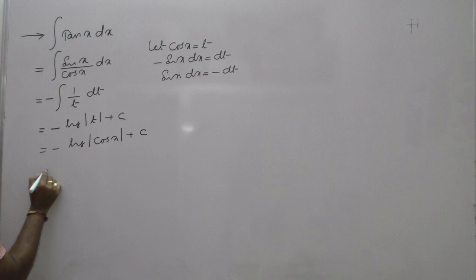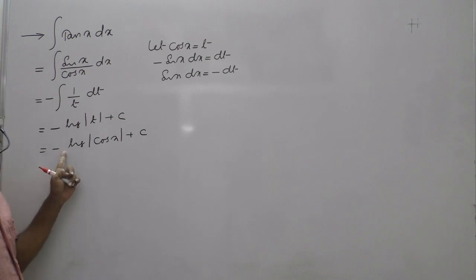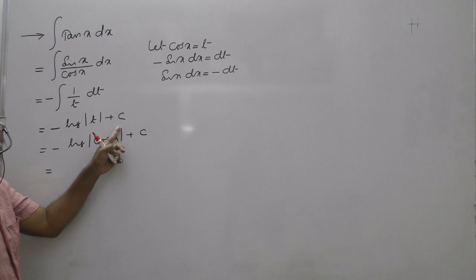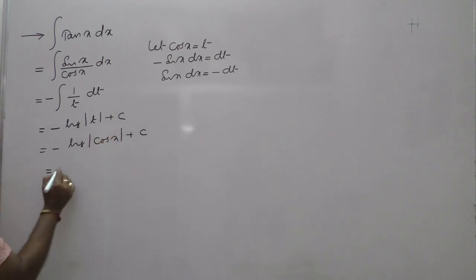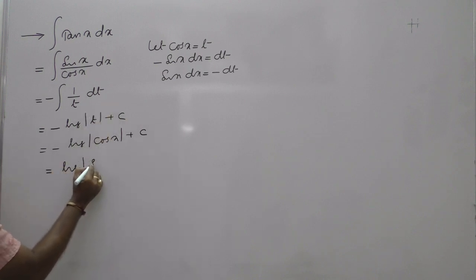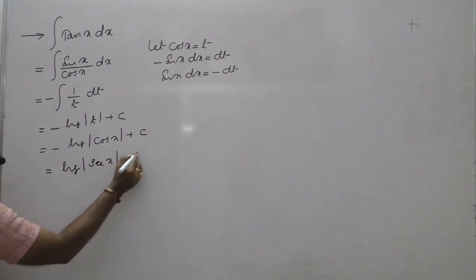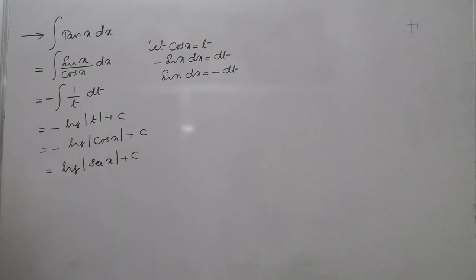So the minus means minus 1, which is the coefficient of the logarithm. We know the coefficient of a logarithm becomes the power of the number. So this is now log of (cos x) to the power minus 1, that means 1 by cos x. 1 by cos x is what? Sec x, plus c.